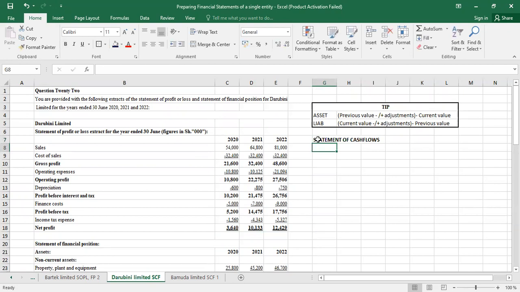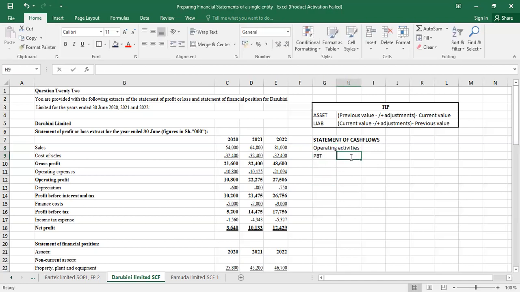Isn't it? So a statement of cash flows has three things: operating, investing, and financing activities, isn't it? So we start with operating activities. What we always start with is the profit before tax, isn't it?